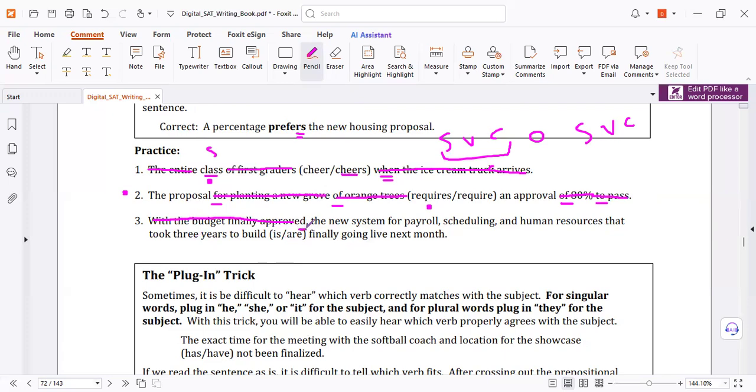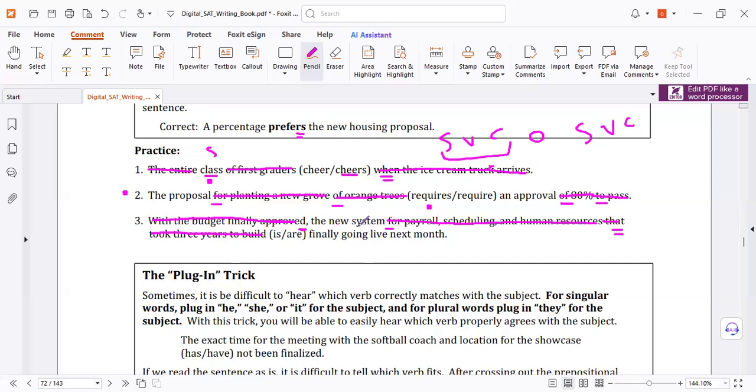The comma can help you to know the end. I told you, Khalid, it is very important to know the beginning and the end of the phrase. The comma can help you, so stop. Preposition phrase, delete. Relative clause, delete, because it starts with that. Now, what is left? The new system is finally going live next month.